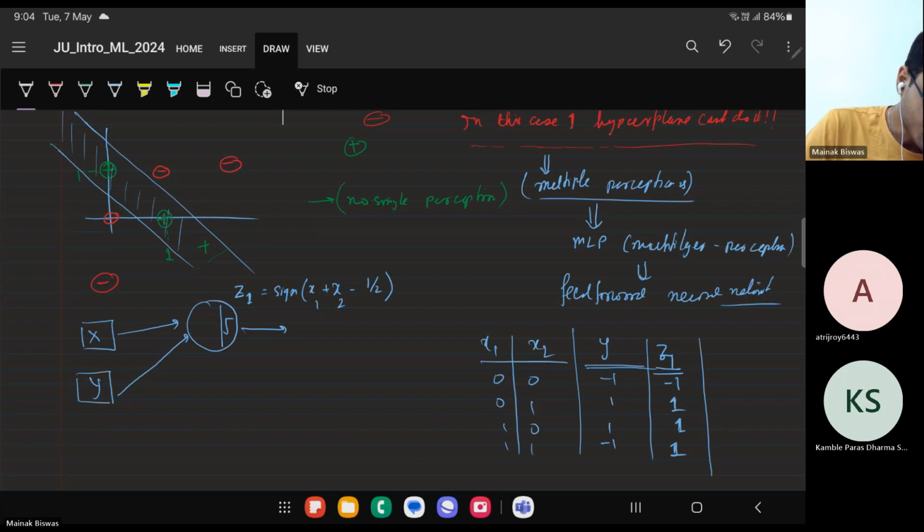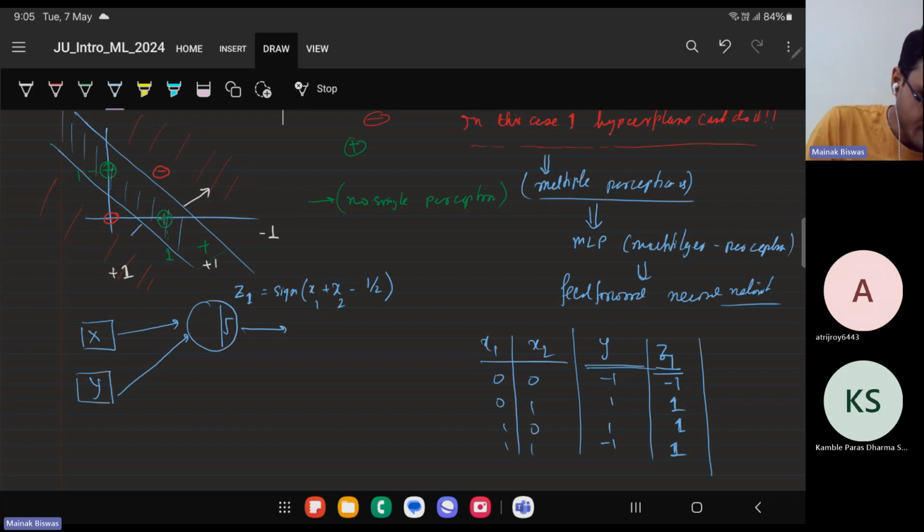So let me take one hyperplane, this hyperplane. Just to draw, putting shades is better. Okay, this hyperplane will say minus 1, plus 1, plus 1, right?